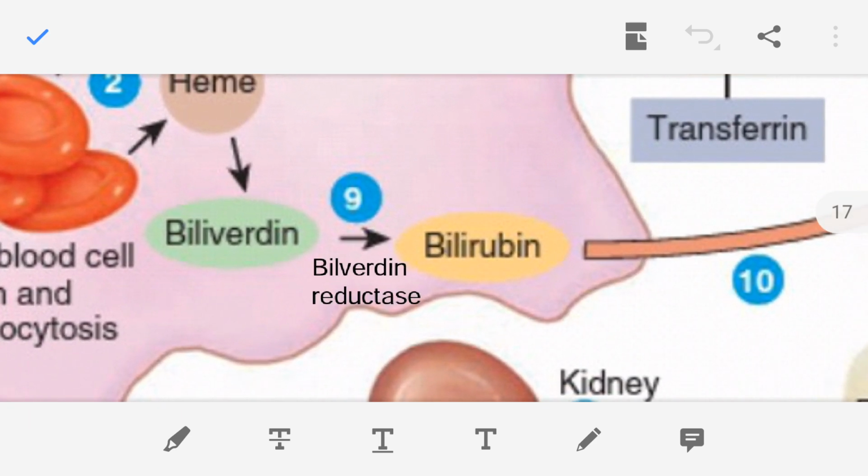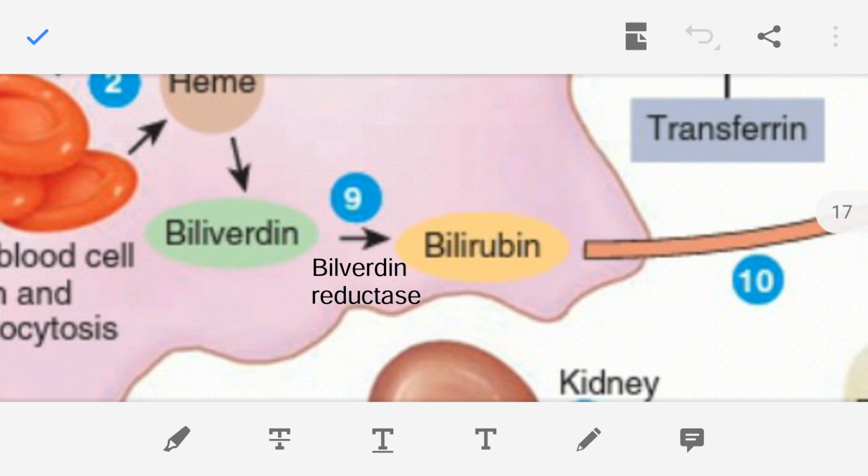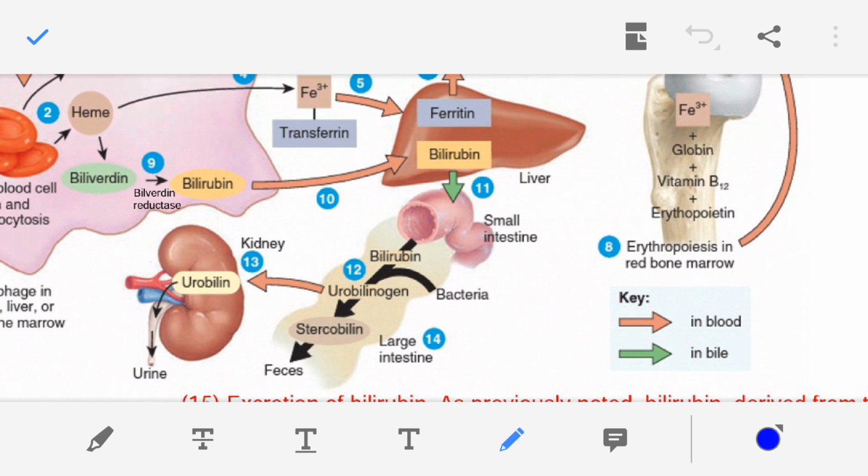With the help of this enzyme, biliverdin is converted into bilirubin. Where is this bilirubin going? Bilirubin enters the liver. From the liver, bile is secreted. So bile is poured into the small intestine.